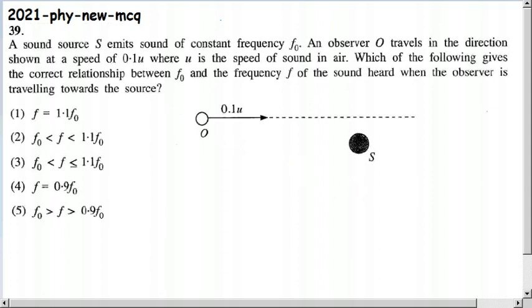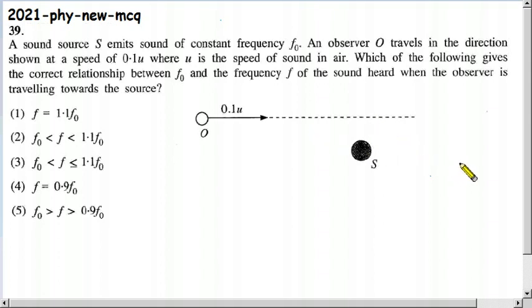So children, let us try to do this. In this problem they have given this source somewhere aside, by the side of this straight line, not directly on the path. If it were on the path, we would have solved it easily, but they have given some distance by the side of the path.